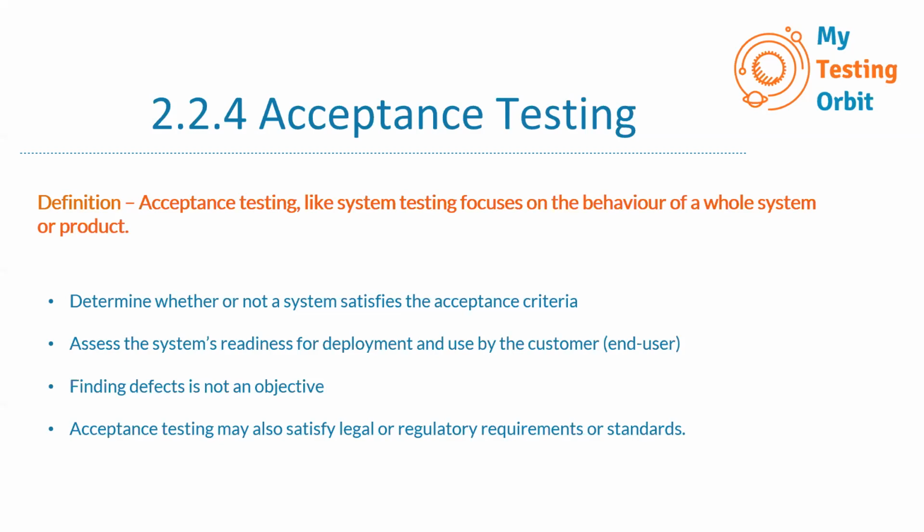Acceptance testing determines whether or not a system satisfies the acceptance criteria. In system testing, we do have acceptance criteria, and the focus is more on the end-to-end functionality. But in acceptance testing, it's more around whether the user requirements are met or not. In system testing, we cover both functional and non-functional aspects.